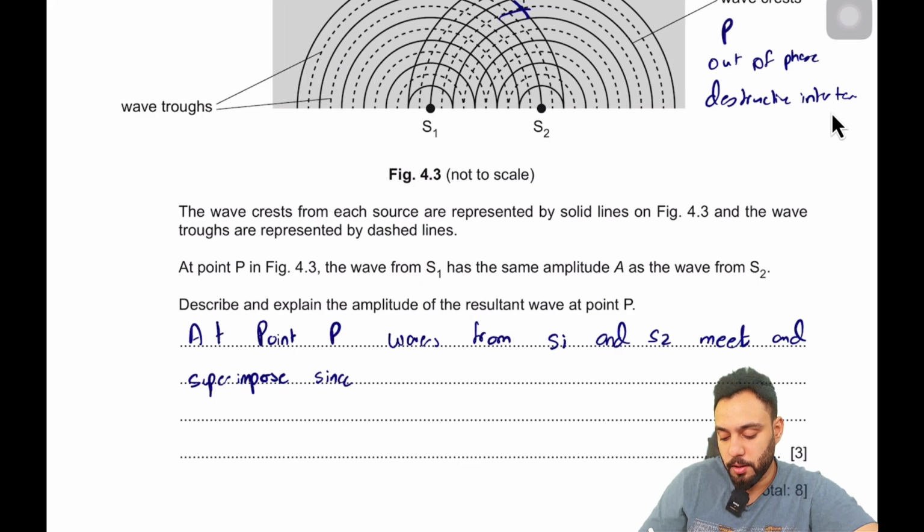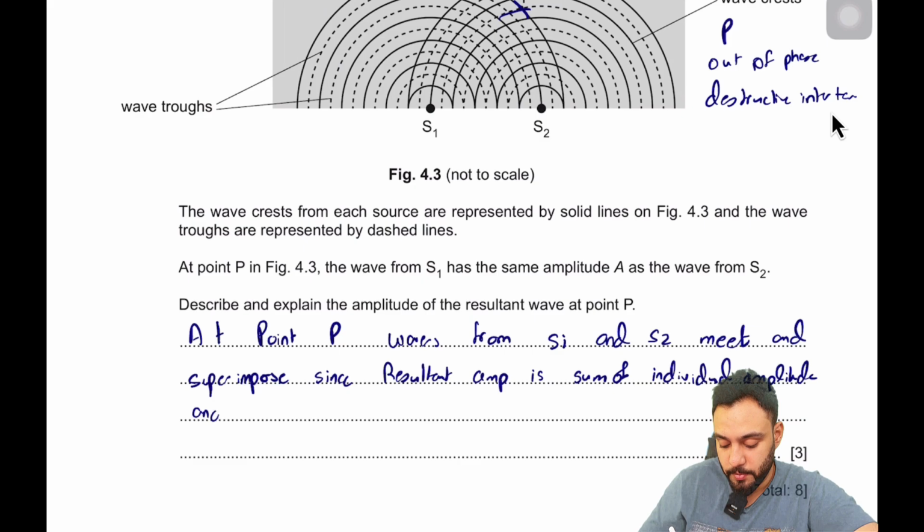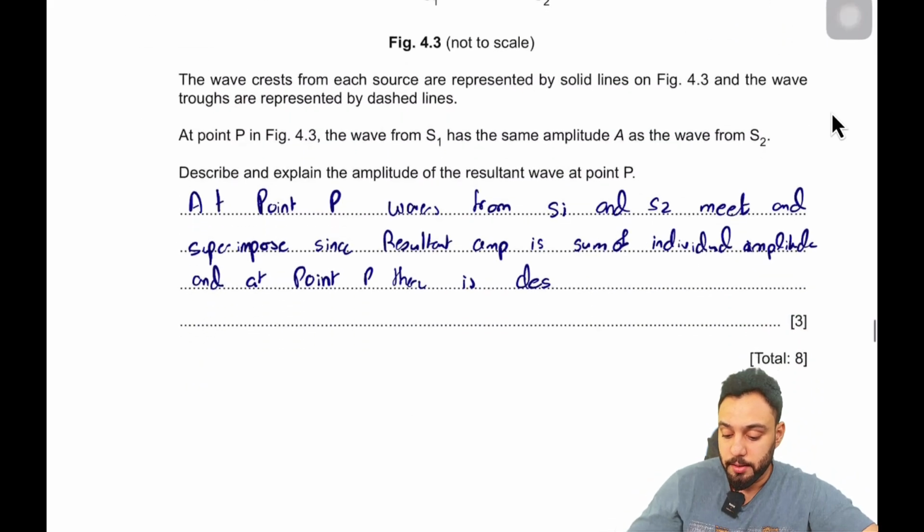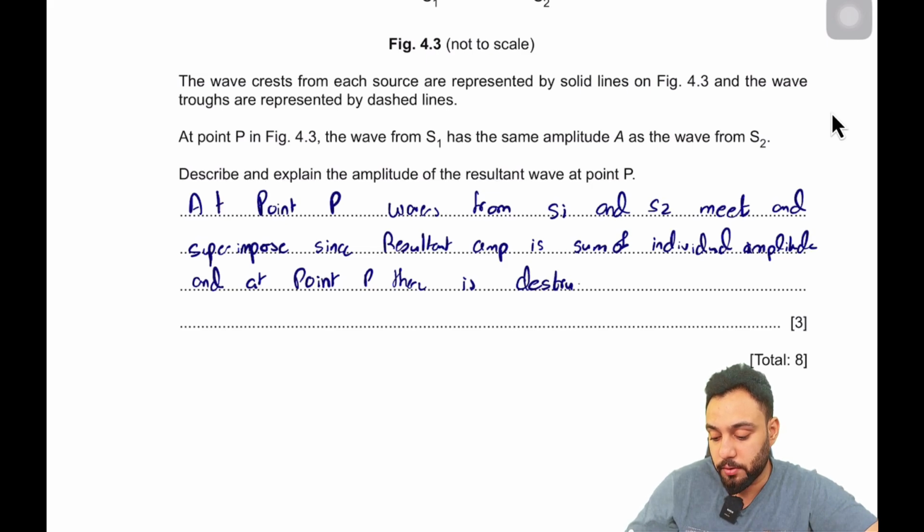Since the resultant amplitude is the sum of the individual amplitudes, and at point P there is destructive interference. Why is there destructive interference? Because the crest is going to meet the trough. So there is destructive interference.